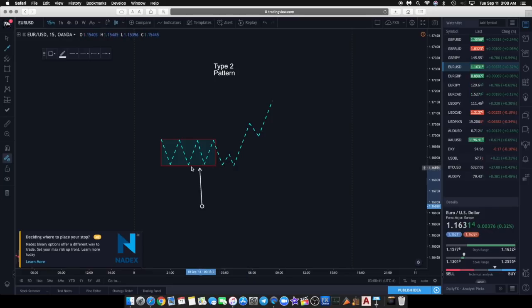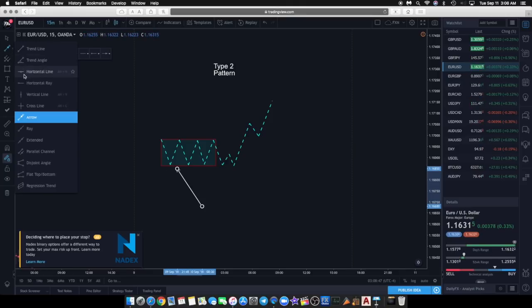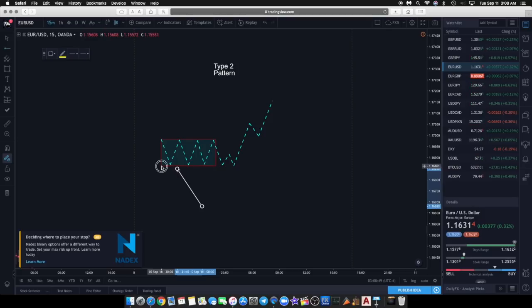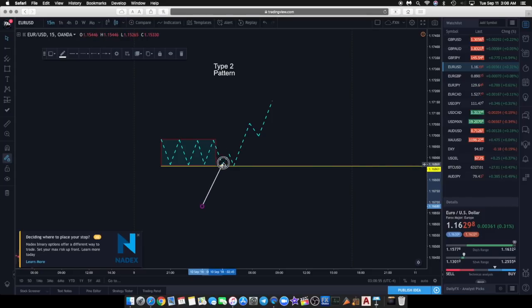But it does it at the Asian low. Okay, so it does it at the Asian low is the difference. So there's the Asian low, and there's your type 2 pattern. You have your first leg of the W, second leg of the W, rise. Okay, so this right here would be considered a type 2 pattern.